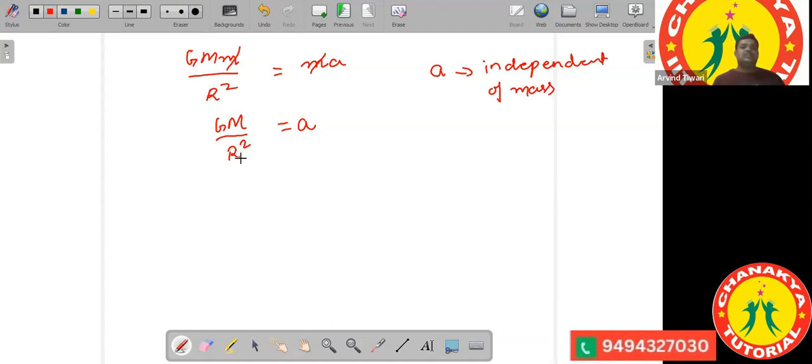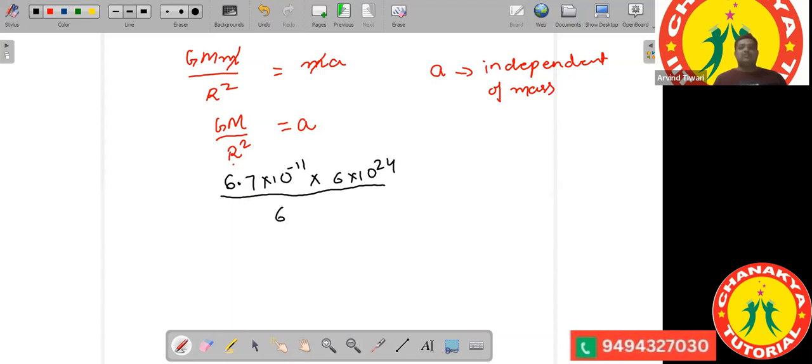Right? So the distance between the object and the Earth is written by the symbol r. But here, since we assumed that the object is lying on the surface of Earth, we know the value of r to be equal to the radius of Earth, and hence if we calculate this value, this would be equal to 6.7 into 10 to the power minus 11, that's G, multiplied by the mass of Earth, which is 6 into 10 to the power 24 kilograms, divided by r squared.